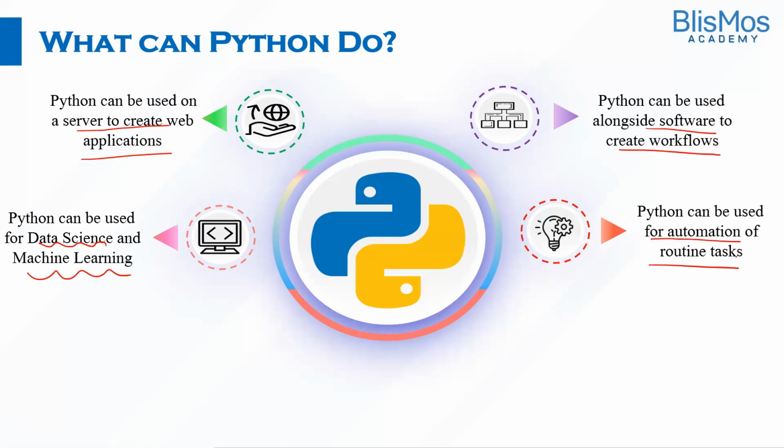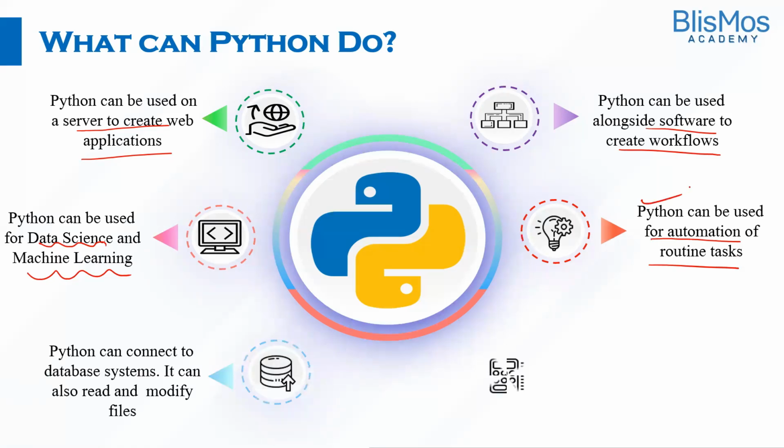It may be testing or any tasks which are done repeatedly; we can automate all those tasks by using Python. We can also connect to database systems by using Python. It can read and modify the data within the database systems.